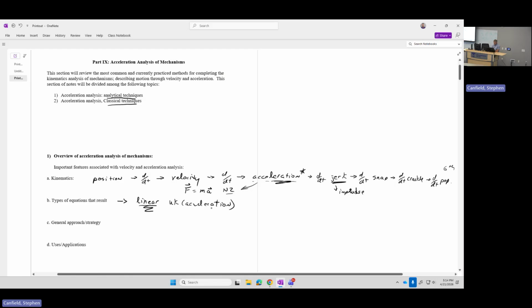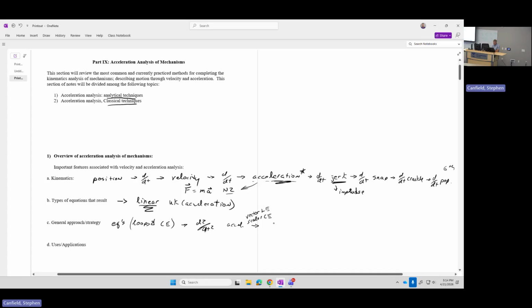We've got all kinds of tools to solve linear problems. The general approach is straightforward. We get our equations. They're loop equations and constraint equations. We take our second derivative of those to get our acceleration equations. Those are typically in vector form for the loops, scalar form for the constraints.